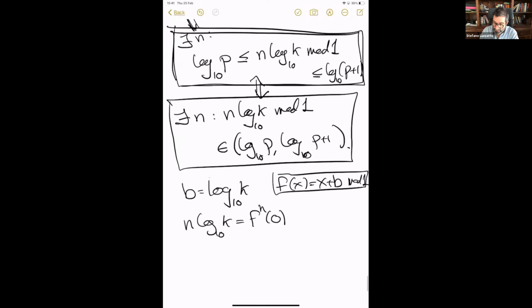So this is the orbit of 0. And so the question is, does there exist n such that F^n of 0 belongs to this interval, log base 10 of p, log base 10 of p plus 1?